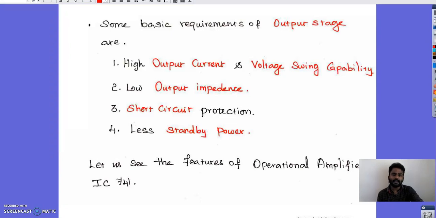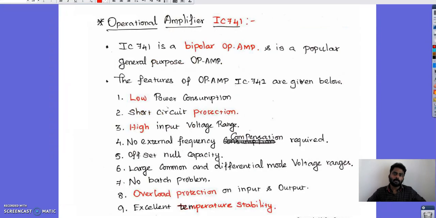And now see the characteristics of IC741, which is a general purpose operational amplifier we use. So the features are here. It is a bipolar operational amplifier, we know. It is a widely used general purpose amplifier. Why is it used as a general purpose amplifier? Because it is going to have low power consumption, and short circuit protection will also be there.